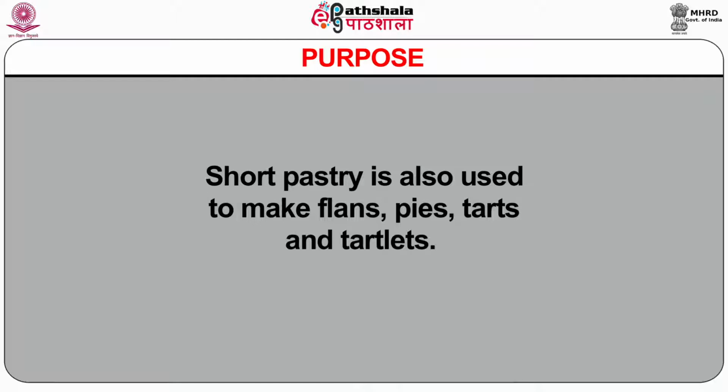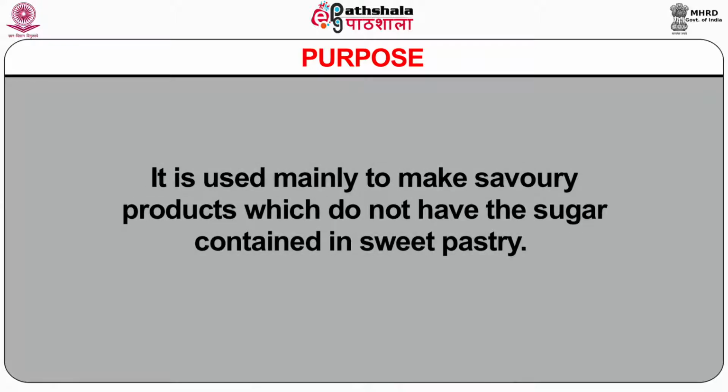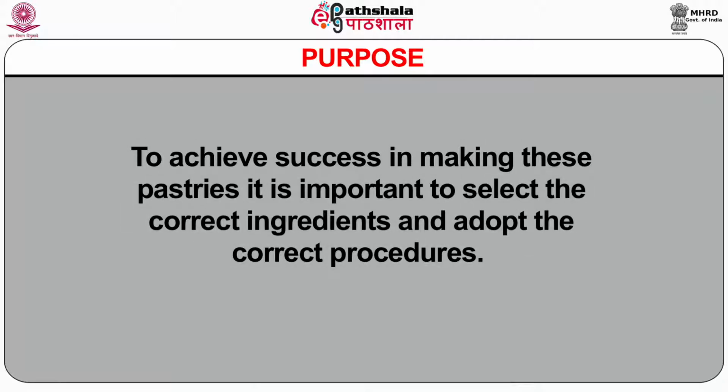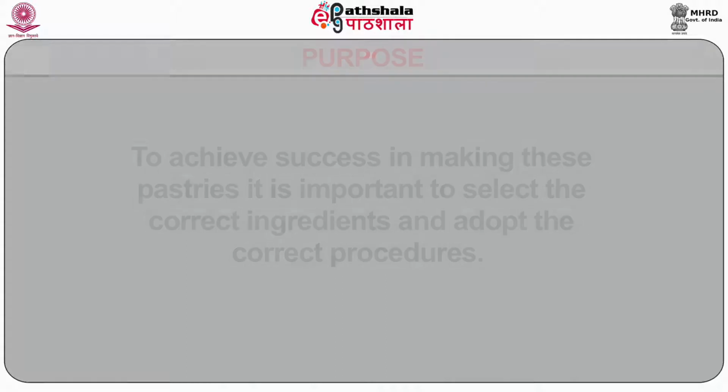Short pastry is also used to make flans, pies, tarts and tartlets. It is used mainly to make savory products which do not have the sugar contained in sweet pastry. To achieve success in making these pastries, it is important to select the correct ingredients and adopt the correct procedures.